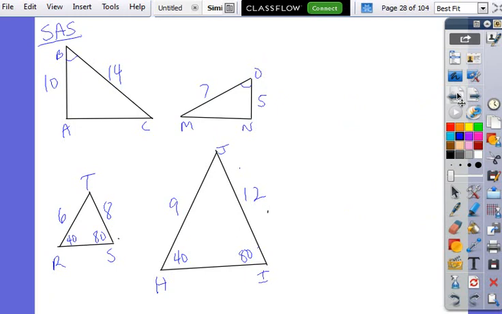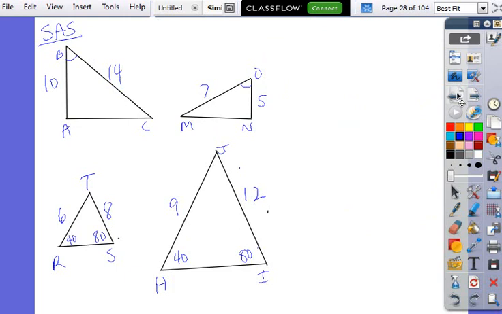Where does the angle have to be? It would be a shame if we would listen to me when I talk. The angle has to be in between the two sides. It's in the rule and I said it. In between the two sides.